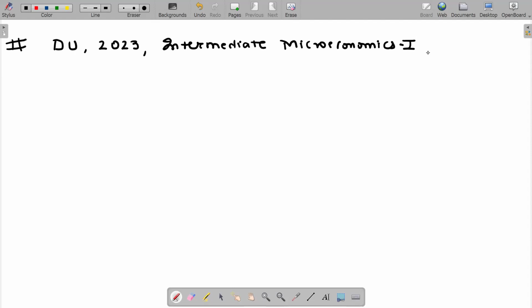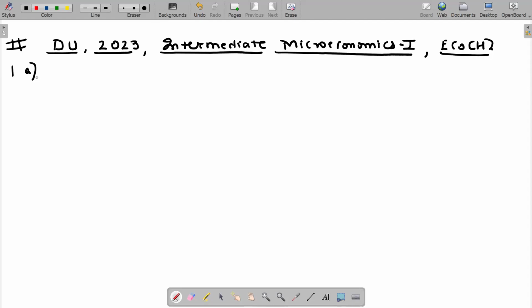And this is for all those students pursuing economics honors from University of Delhi. So question number 1, part A. We are given the utility function u as a function of x and y is equal to xy plus x. Okay, let's work out the MRS of this.